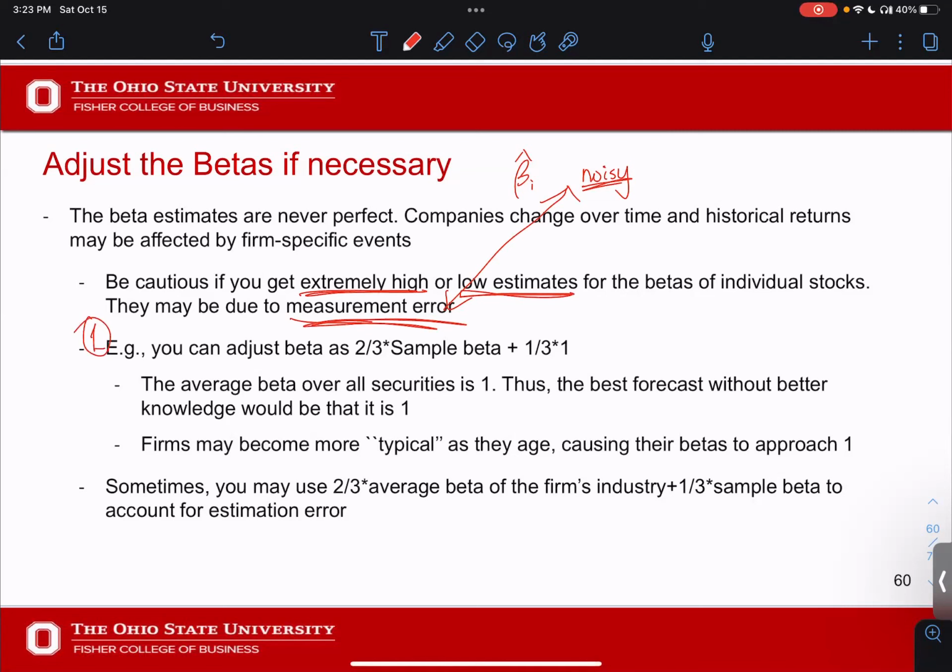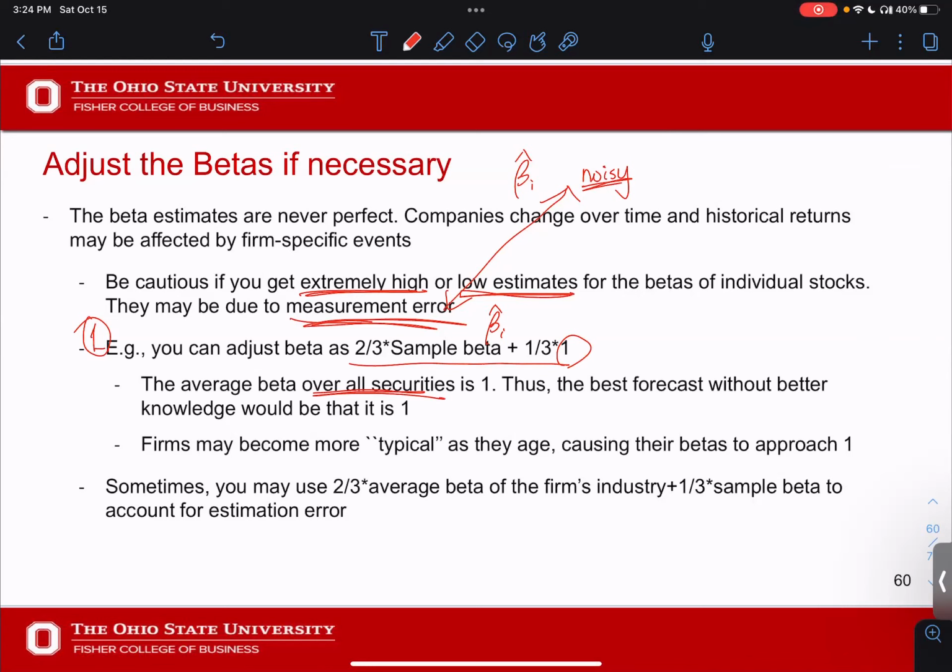You can adjust the beta as the weighted average between your estimate, the sample beta, which is the beta hat that you estimate, and 1. Because usually the average beta over all the securities is going to be similar to the market. Think about that, because the market includes all the securities. If you calculate the beta for each security and average everything, it should be similar to the market one.